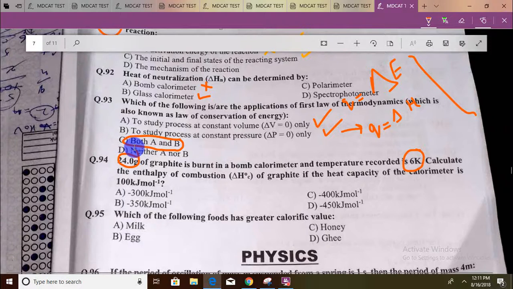You don't have to change that, normally speaking, but it's a good idea to convert to kg: 24 into 10 power minus 3, because while gram is alright for mole calculations, this isn't a mole calculation. S is unknown. T is 6 Kelvin. S is 100 kilojoule per mole.